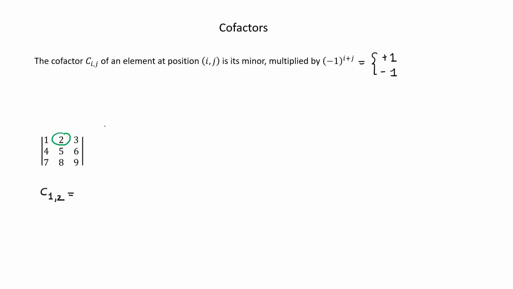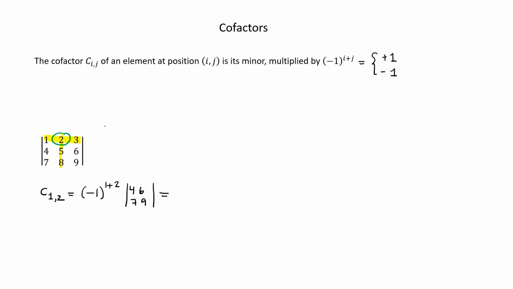So according to this formula, we're going to take -1 to the i plus j and multiply it by the minor of this element. Remember, we get the minor by deleting the row and column containing 2. This produces a smaller matrix, 4, 6, 7, 9. And we're going to find the determinant of it. The determinant of that matrix is going to be called the minor.